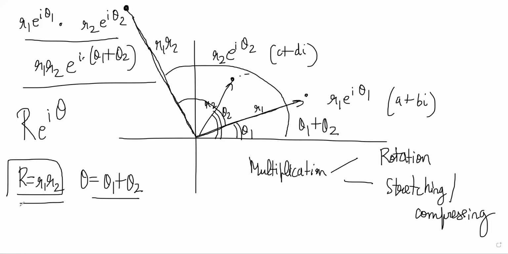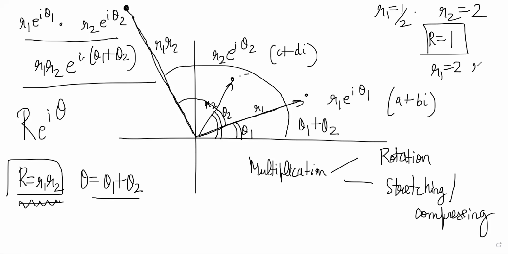Because the final magnitude will be more or less depending on the values: if R1 is half and R2 is 2, the final length is 1, so you could come down in length or expand. If R1 is 2 and R2 is 3, the final length is 6. So either stretching or compressing, plus rotation.